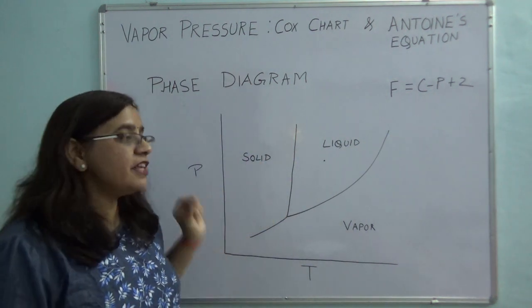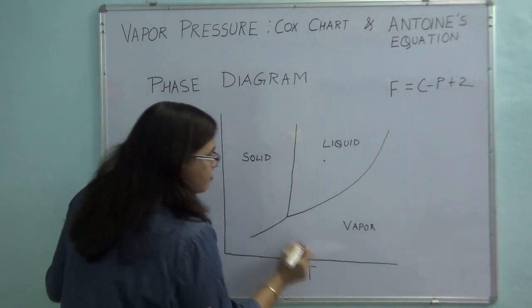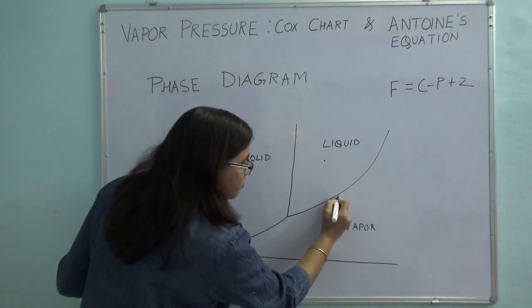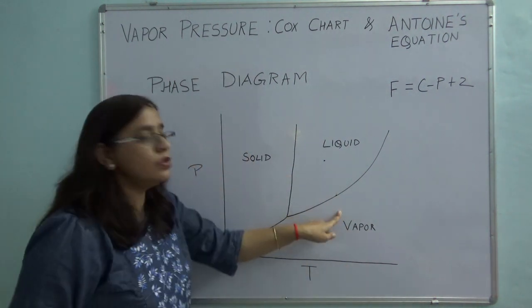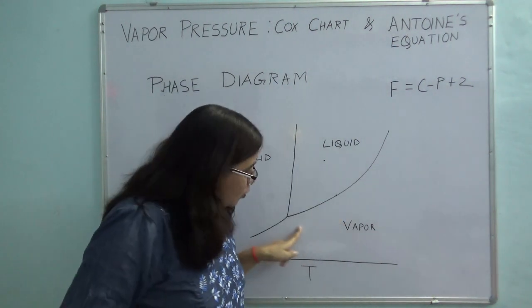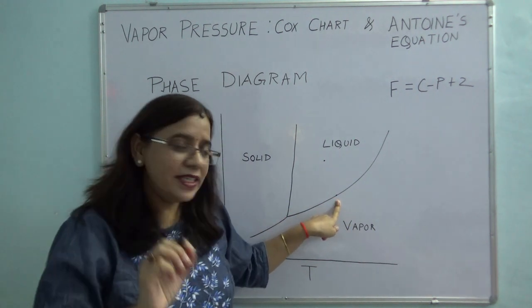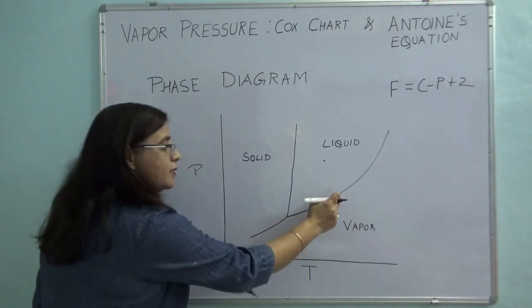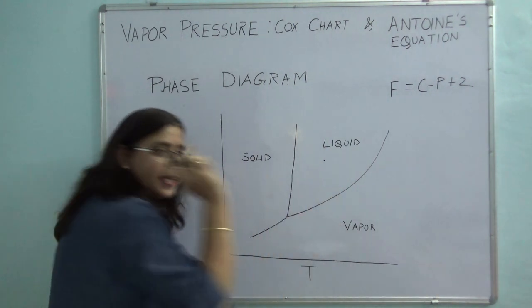That means if I fix one of the variables, let's say my temperature, then my pressure is automatically fixed, because it has to lie on this coexistence line. As soon as I fix either temperature, pressure gets fixed, or if I fix pressure, the temperature gets fixed.